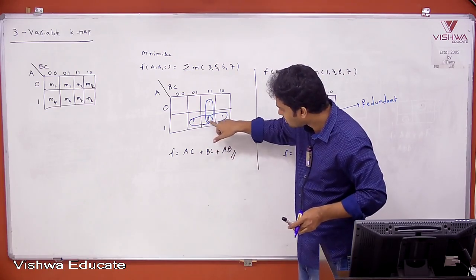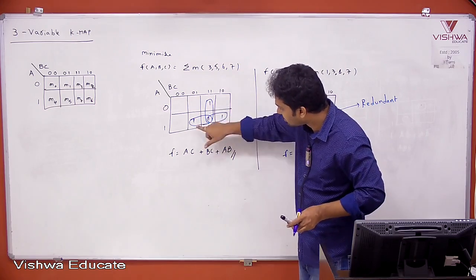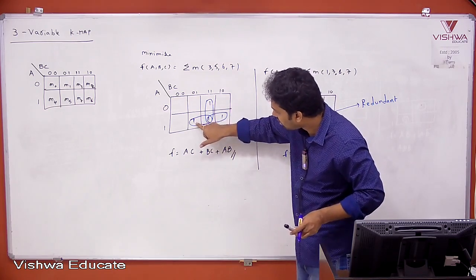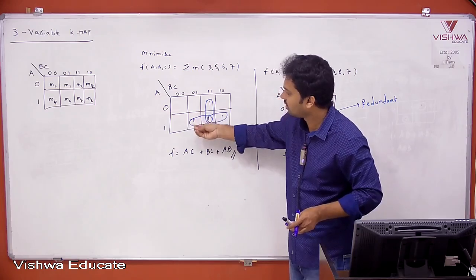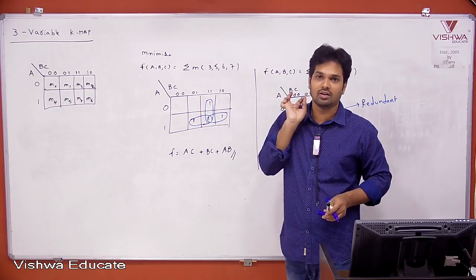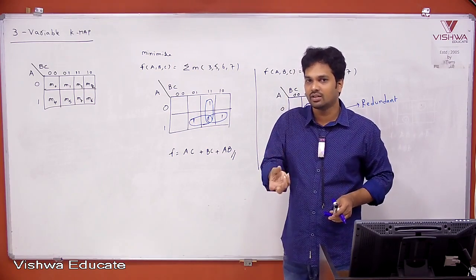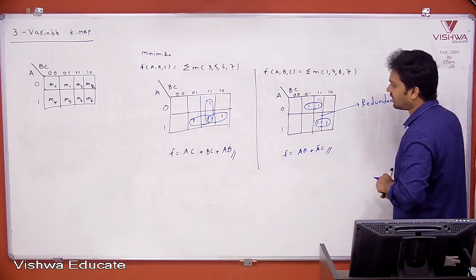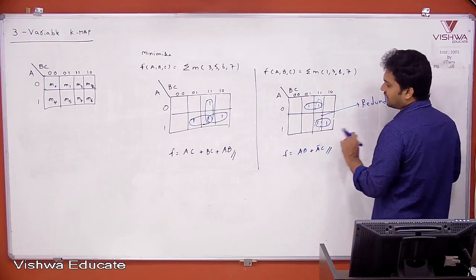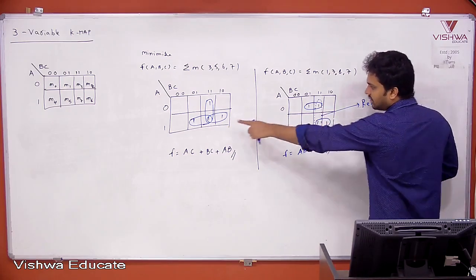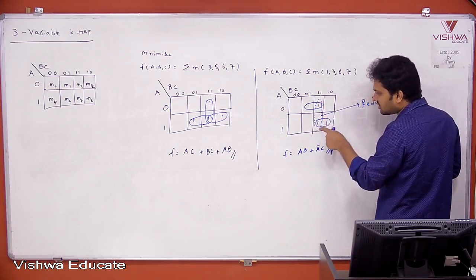In this pair, this one is covered already by some other pair, but this one is not covered. If all ones in a particular pair are already covered, then it will become redundant. Not only a pair, it can be a quad, anything. Then it will become redundant. Here it is not redundant. Here this pair is redundant.